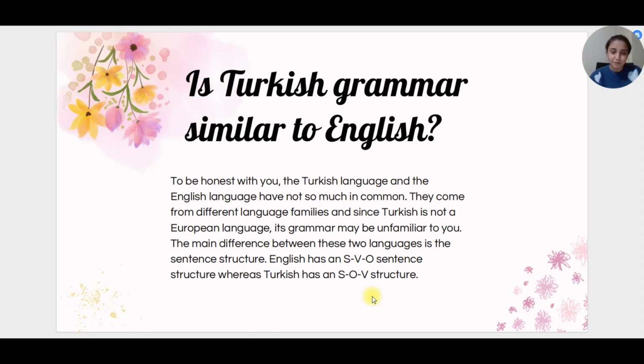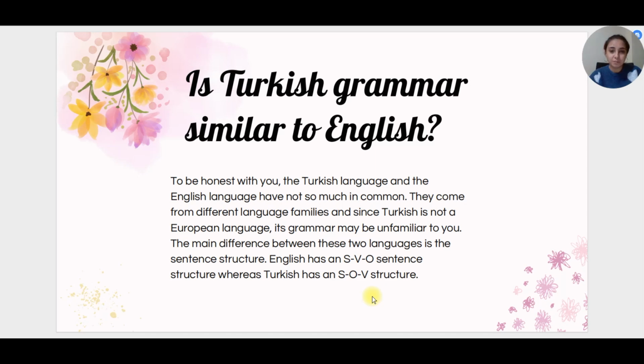But after that, English uses the verb, but we use the object. And the verb is at the end of a Turkish sentence. They come from different language families. And since Turkish is not a European language, its grammar may be unfamiliar to you.